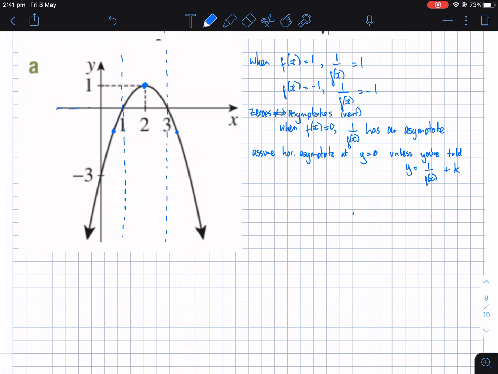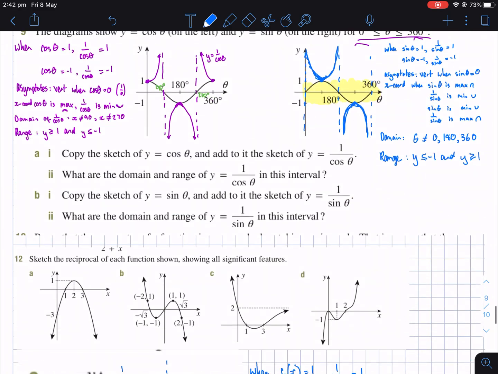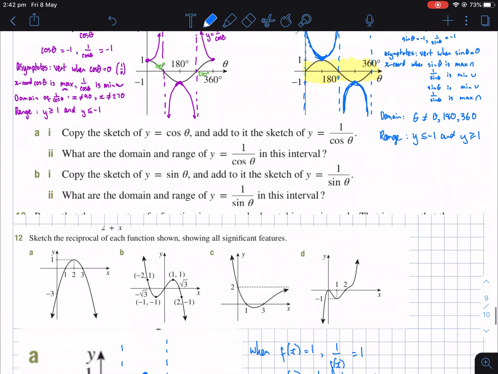Like they'll always specify that. If you're just finding a straight up reciprocal, it's always y equals 0. And of most functions, obviously we had some weirder stuff going on up there.